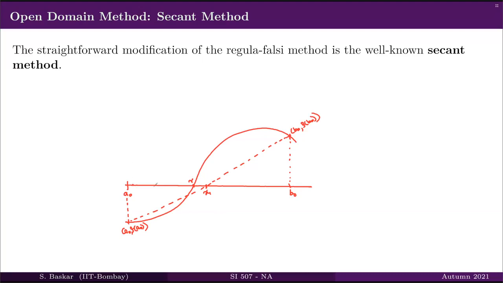For instance, let us take b0 also to be on the left side of R, say something like this, and look for the line joining the points (a0, f(a0)) and (b0, f(b0)), like what we used to do in the regular false position method, but now b0 is not chosen in such a way that our interval a0 to b0 contains at least one root. Now what happens if we look for the line joining these two points?